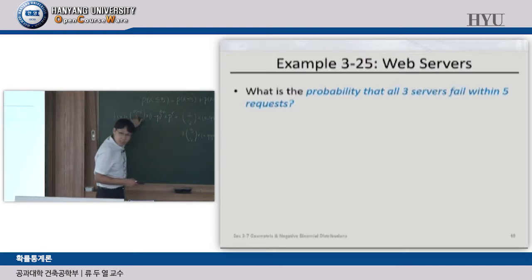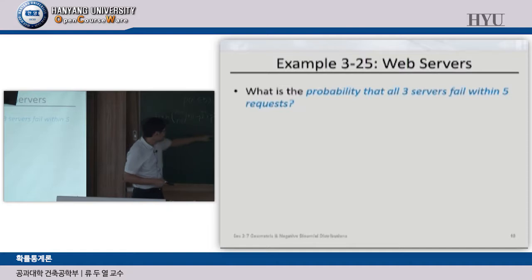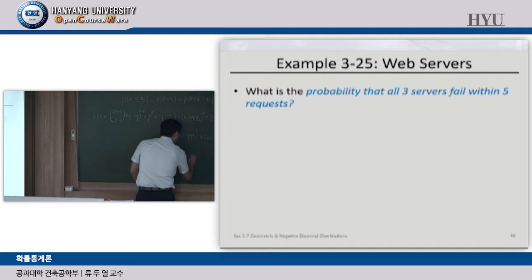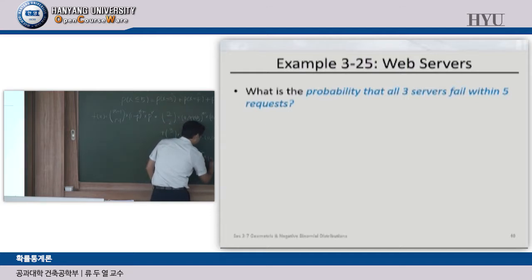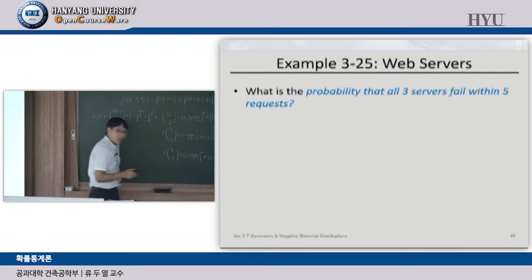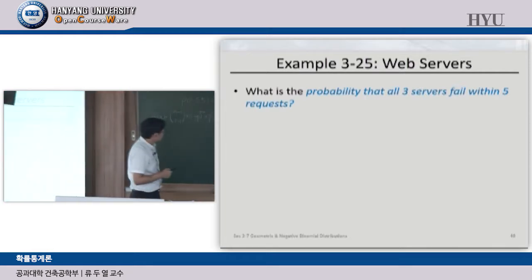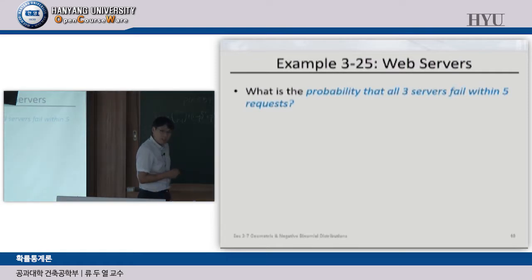So x is increased, and x minus 1 should be 3. And what about the last one? That is (4 choose 2) multiplied by 0.9995 squared, multiplied by 0.0005 to the 3rd power. So we have to calculate all these 3 cases.